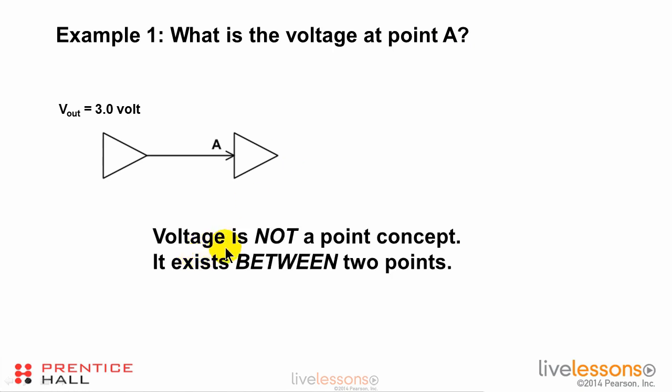The reason is that voltage is not a point concept. Voltage doesn't exist at a point. It exists between 2 points. Now we say, what's the voltage at point A? All the time. We say, what's the voltage at the input? What's the voltage at the output? What's the voltage at the power pin?